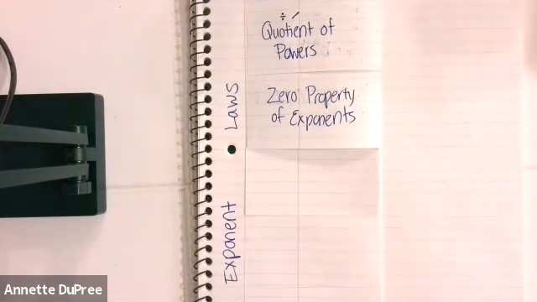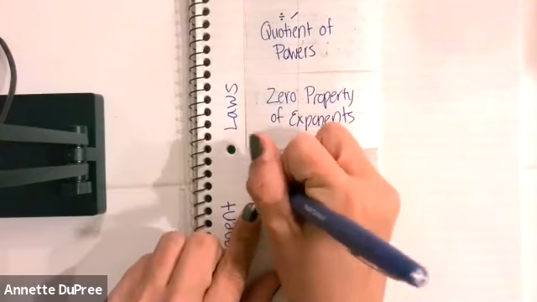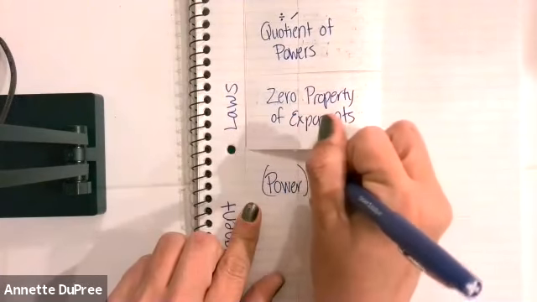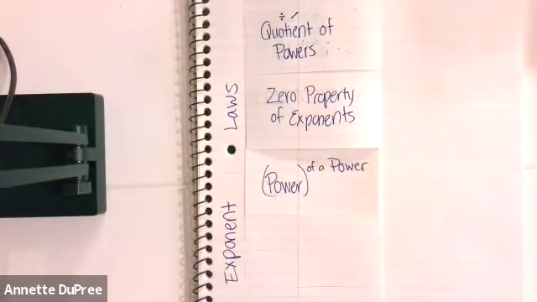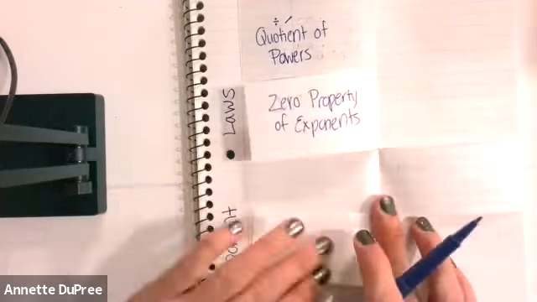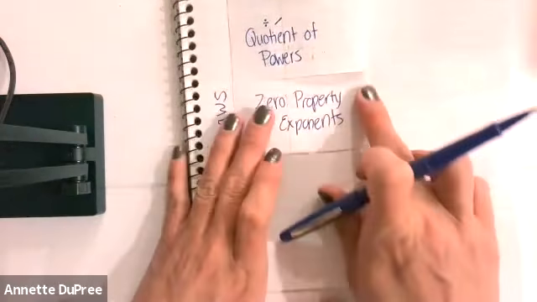All right, our next rule is the product of powers. Oh, I've already done that one. The power of a power rule. So it's when we're raising a power to a power. What does that rule say?